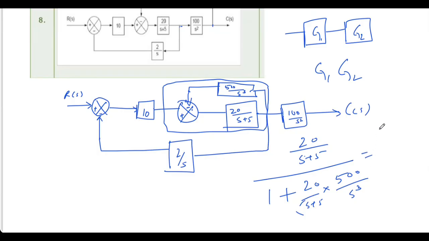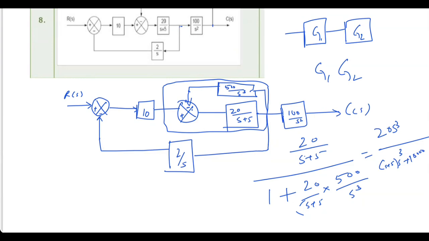So in the numerator, this will become 20 S cube and S plus 5 will get cancelled, divided by S plus 5 into S cube plus 2 into 500 is 1000, 20 into 500 is 10,000, plus 10,000. So that will be this block. That will be multiplied by 10.